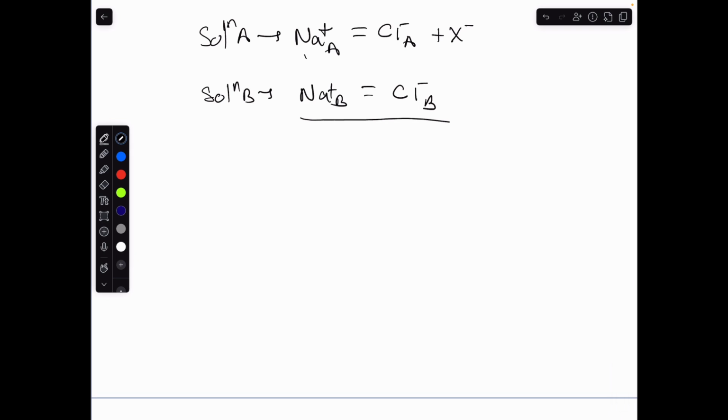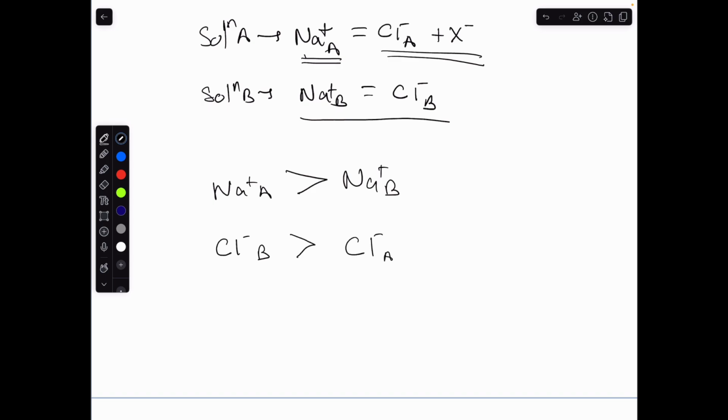This means that as more sodium would be required to balance out more anions, the sodium in compartment A has become greater than the sodium in compartment B. Similarly, the chloride in compartment B is greater than the chloride in compartment A. Why is that?